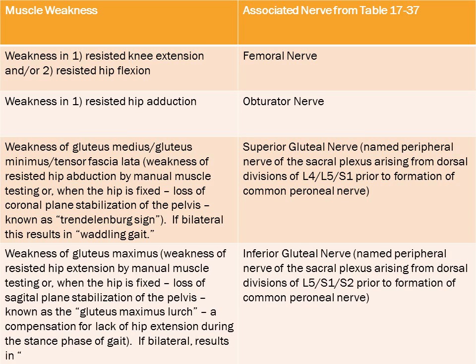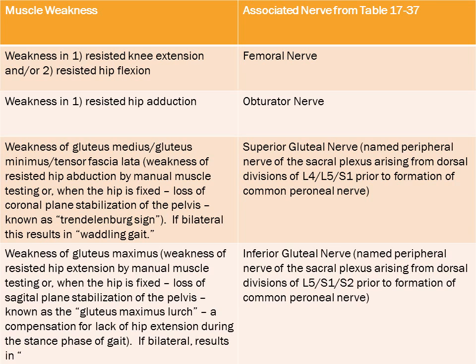I created this table for you, and it's in your handout materials. One of the differences between chapter 16 and chapter 17 is that chapter 16 provides us with a table that relates muscles to the nerves, so that if we find a muscle weakness, we can simply use the chart to assign the appropriate nerve to that muscle. We have no such table in chapter 17, so I created a table for you for easy use.